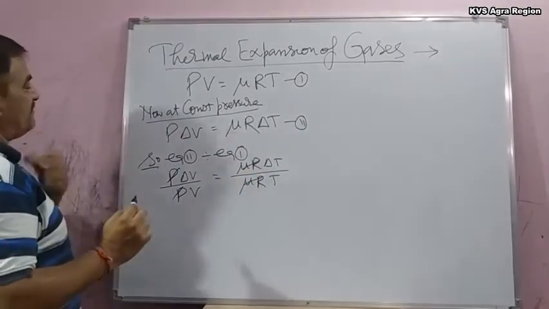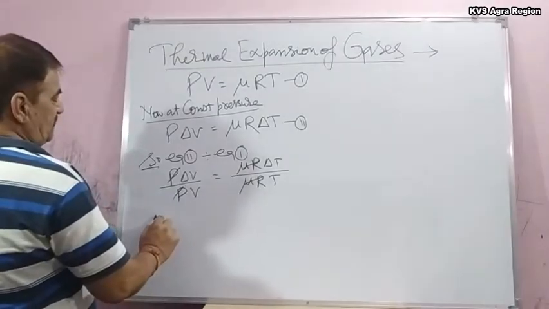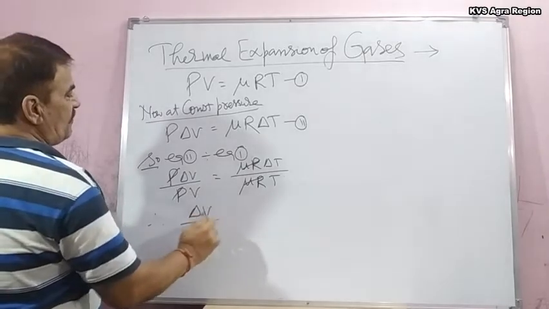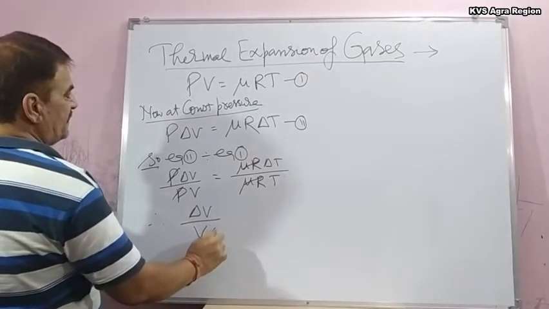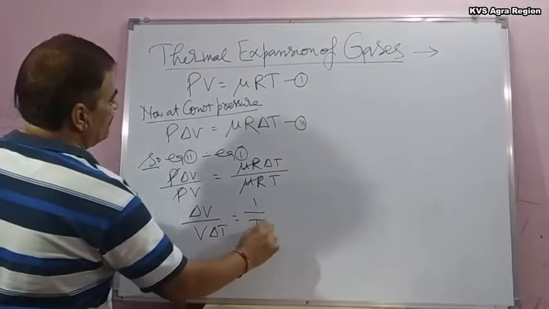Now what do we have? Therefore, delta V upon V delta T equivalent to 1 upon T.